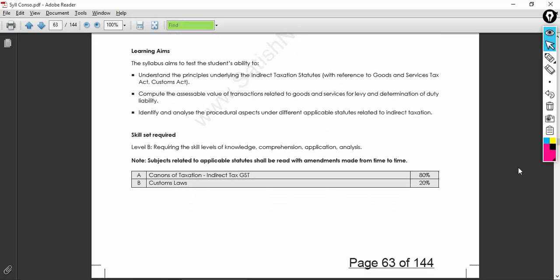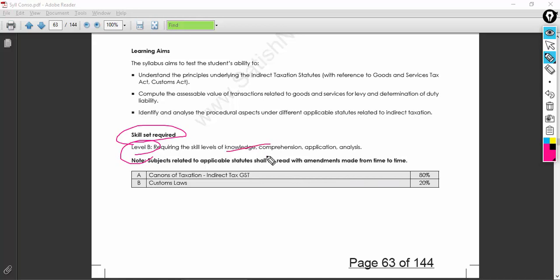So you understood what all things need to be studied in this one, what the objective of this indirect taxation subject is, and the learning aims which are expected by the institute from a learner, that is from you guys. Yeah. So, skill set required. We have level B expertise which is required of an aspiring student.